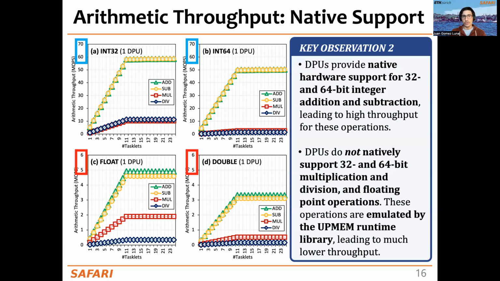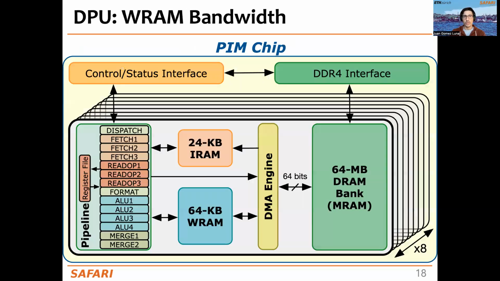The DPUs only have native support for 32-bit and 64-bit integer addition and subtraction. The other operations, multiplication and division of integers and floating point operations, are emulated by the runtime library, and that results in significantly lower throughput.